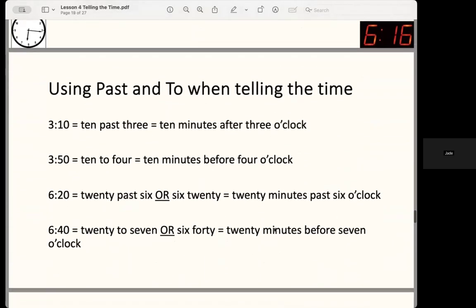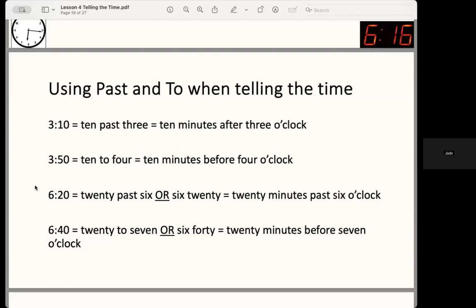So using past and to when telling the time. This figure here is 10 past 3, which is 10 minutes after 3 o'clock. This one here is 10 to 4 or 10 minutes before 4 o'clock.